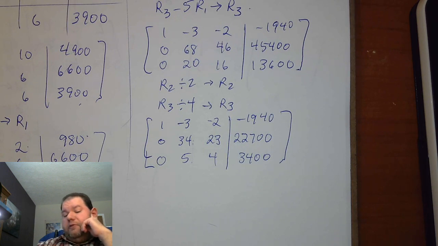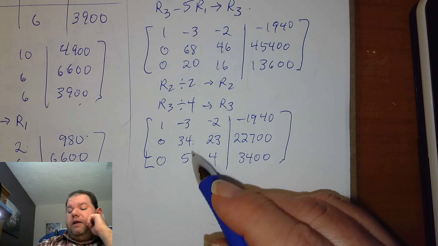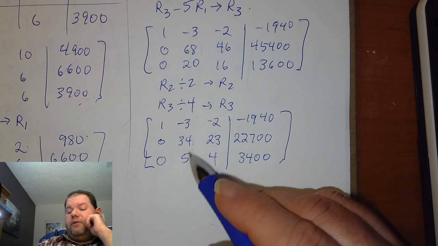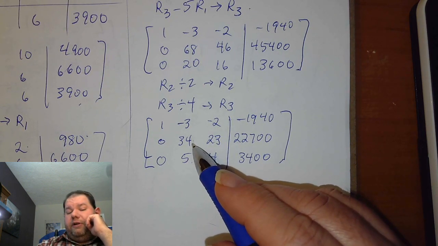So we need a number that we can multiply by 5 that when we multiply those together, the result is 1 different than 34.